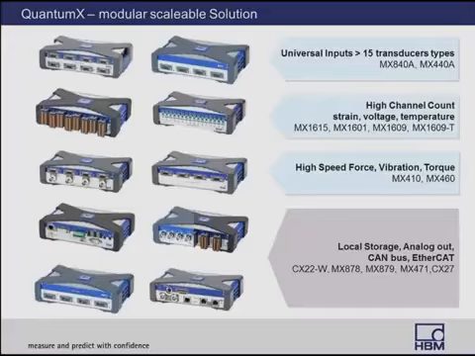So the QuantumX data acquisition hardware can be defined into 4 different classes. There is the universal input modules. This is low bandwidth. This is high bandwidth. And there is also the other modules, which is focused more on analog output, bus communications like EtherCAT and CAN bus.